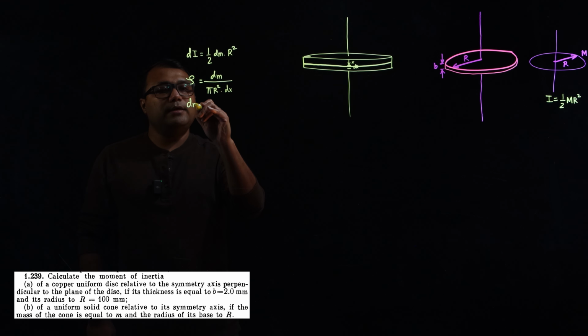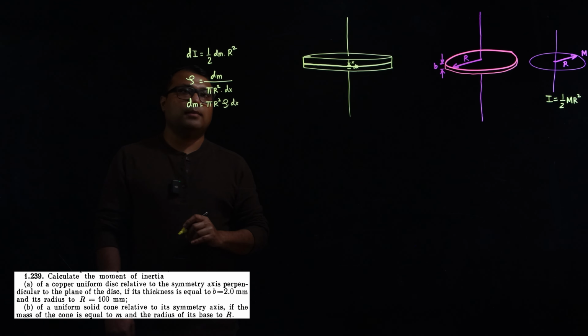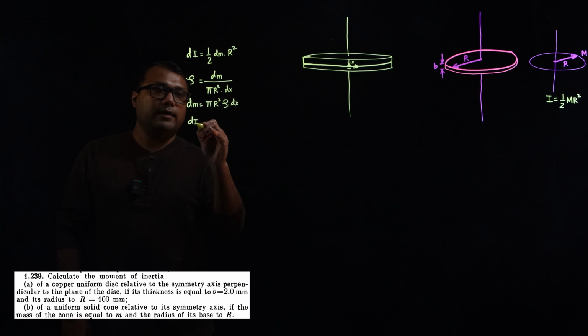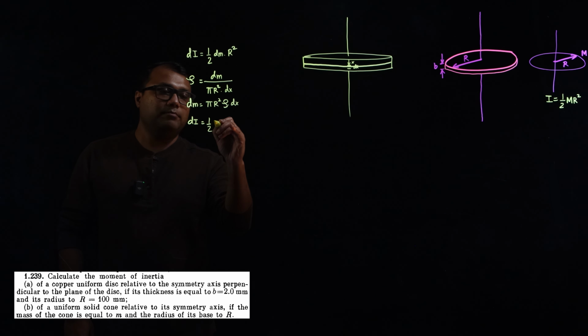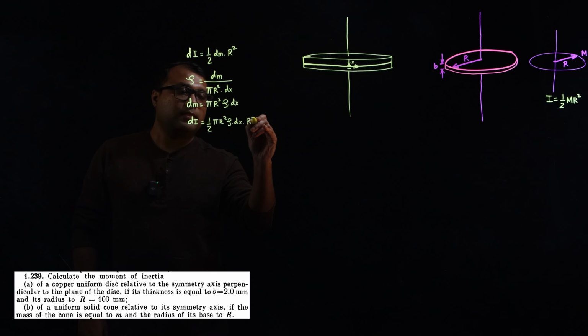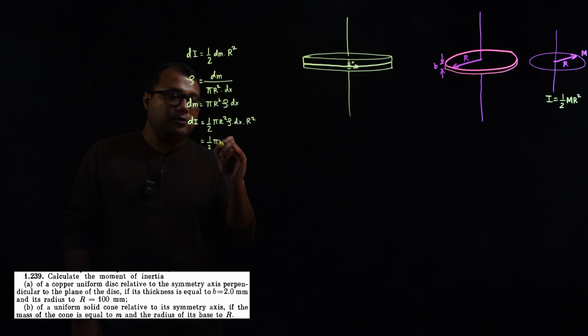So we can write dm is pi r square rho times dx. So we substitute this back here. So di is half dm, which is pi r square rho dx, times r square, or we can write this as half pi r to the power 4 rho dx.